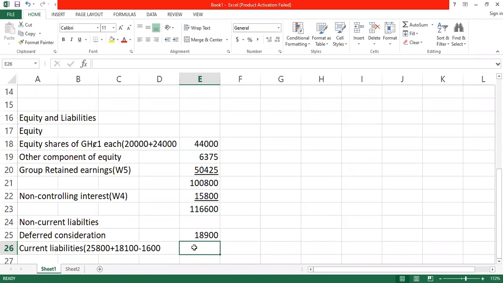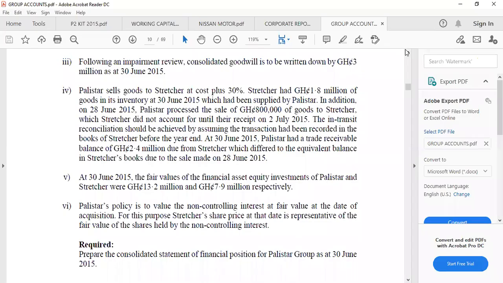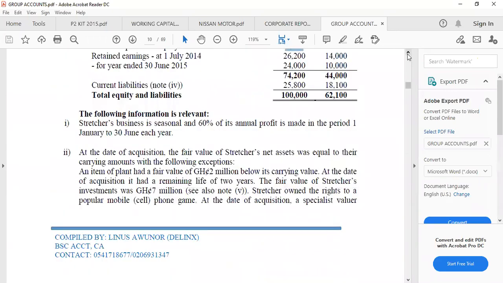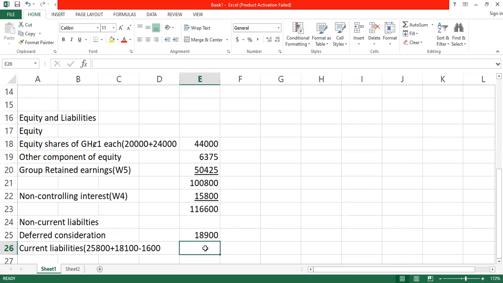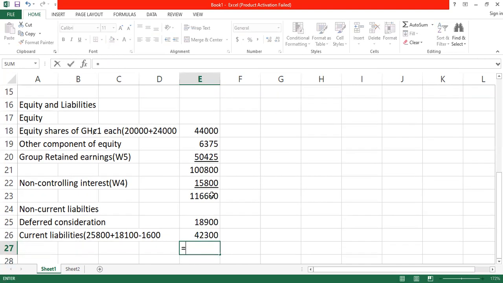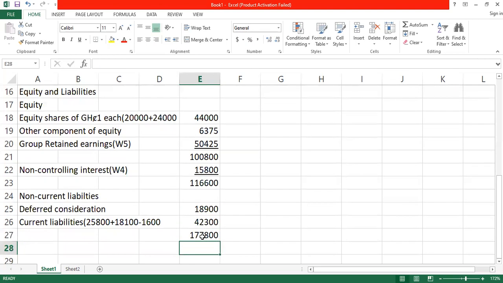What did you get? I'm getting 42,300. 42,300. Okay. So we can now total our liabilities in the equity now.